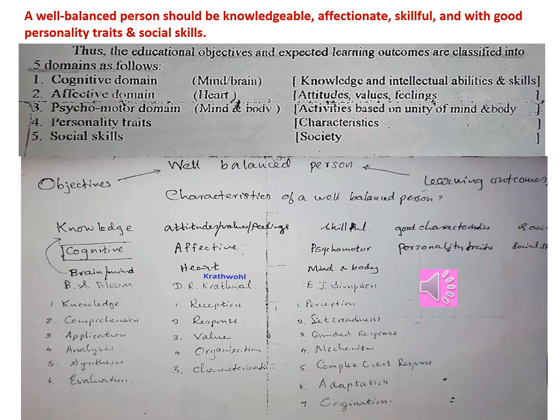Those are social skills, how to live in a society peacefully and usefully. So we have to include all these things when we plan our lessons, right? Then only we can develop these qualities, 5 domains in students, right?